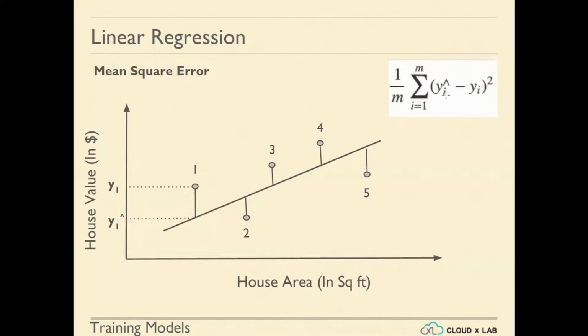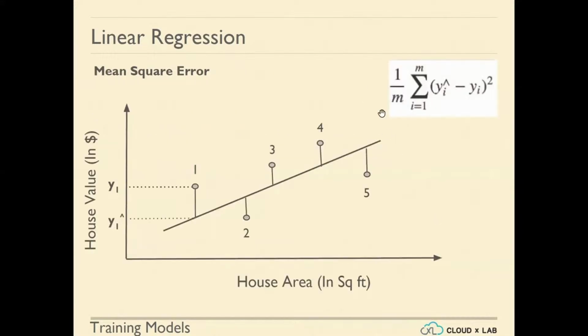So it's an average squared error, or in other words, the mean square error, right? Here, m is the number of training data points. Suppose we have 5 data points, then the value of m will be 5. So small m is the number of data points.